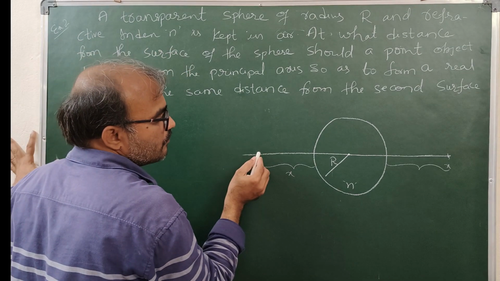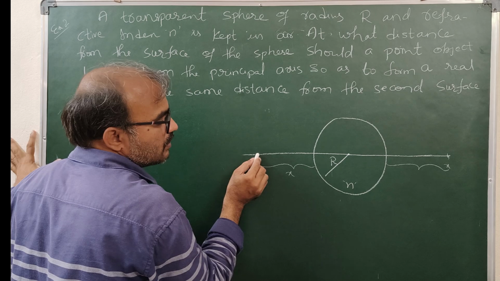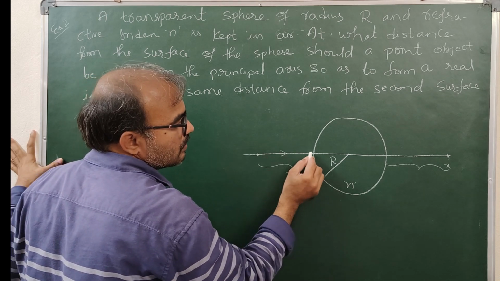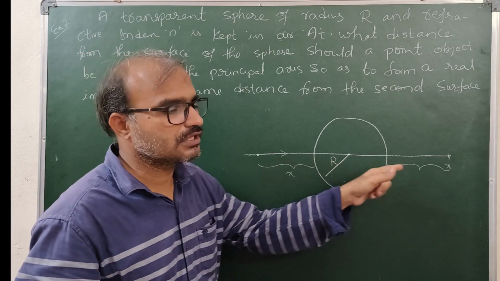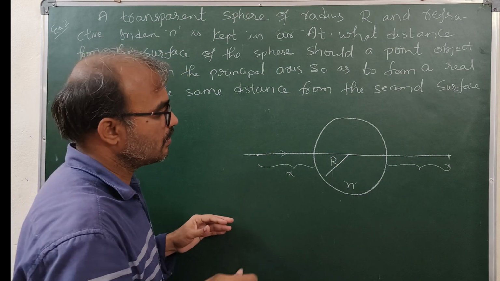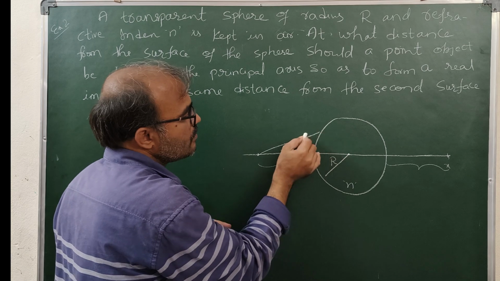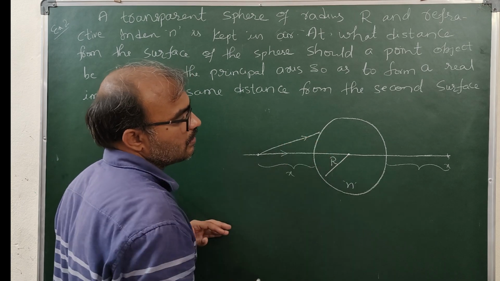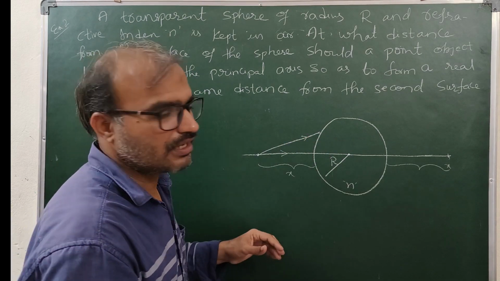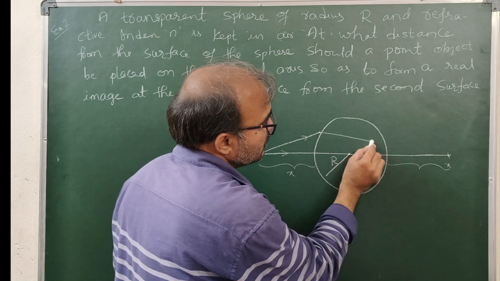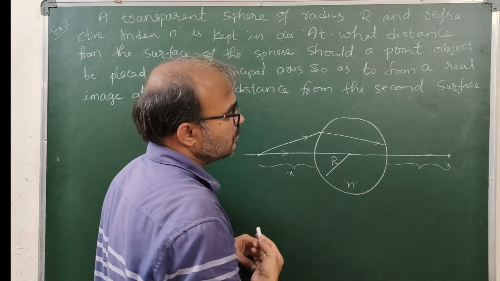Right. So now let us consider one ray along the principal axis. The ray going along the principal axis won't deviate, right? Now let us take another ray in this direction. Now let us consider after refraction through the sphere, the light ray goes in this direction, right?